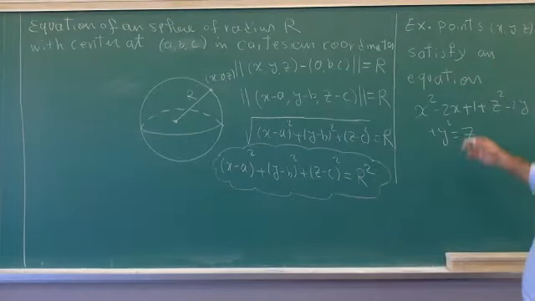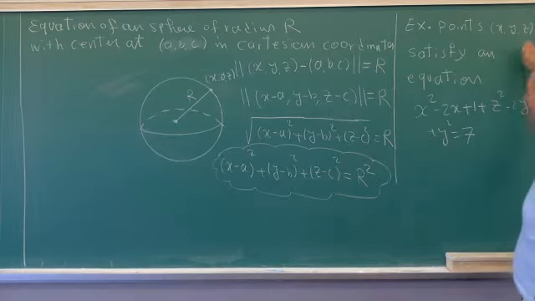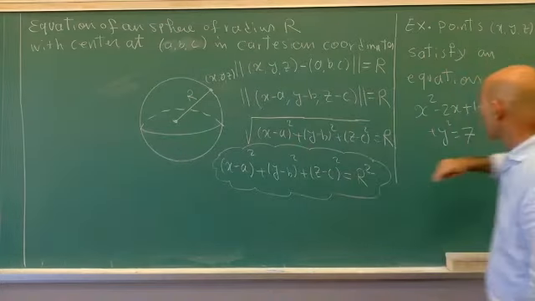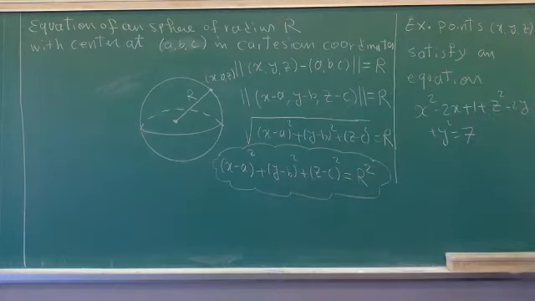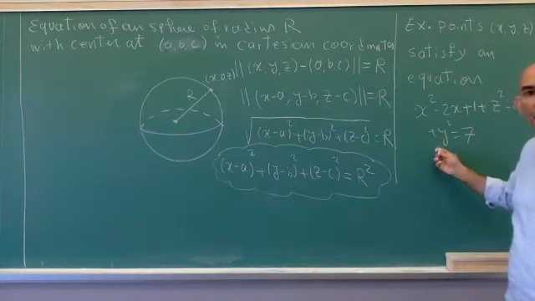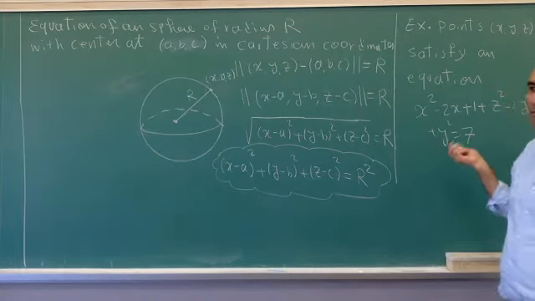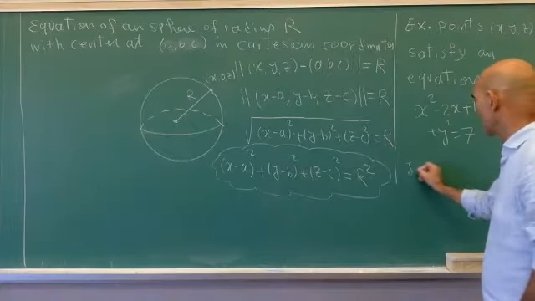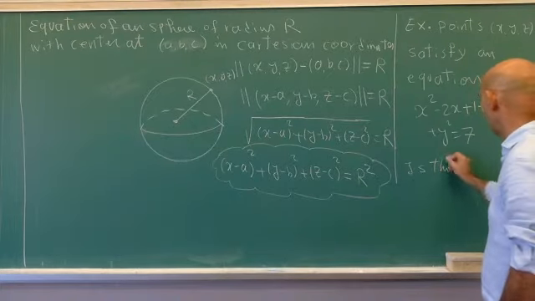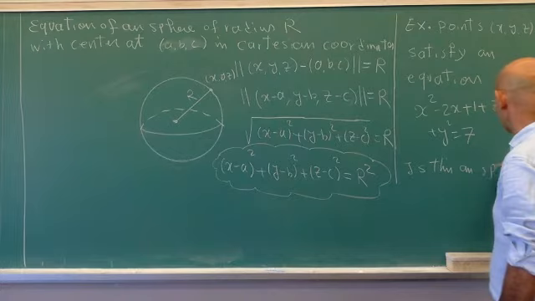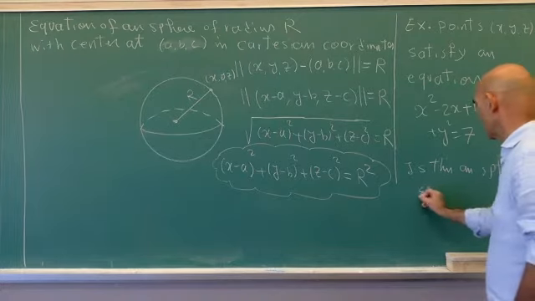So imagine I am given that these points x, y, z in Cartesian space satisfy an equation like that. Now the question is, is this the equation of a sphere or not? And if it's an equation of a sphere, what kind of sphere is it?